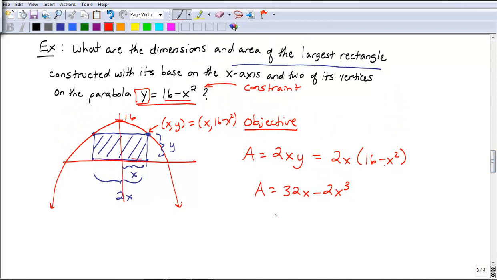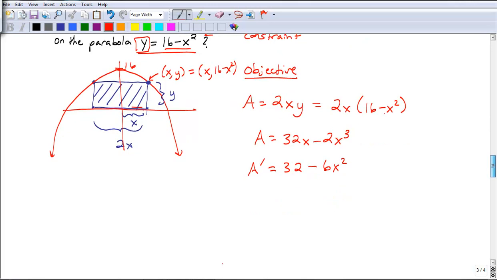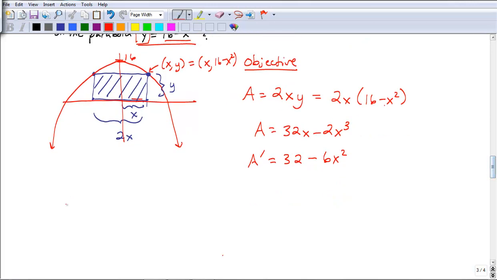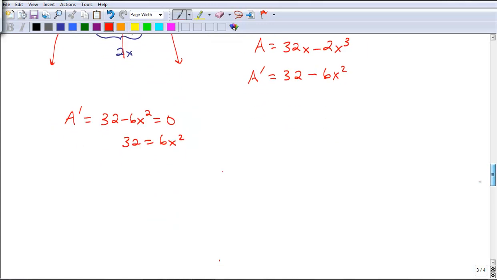Here's my objective function with a single variable, but I have to take the derivative to come up with the critical point. So it's 32 minus 6x squared. There we go, there's my derivative. And it's a polynomial, so I can set it equal to 0. I get 32 equals 6x squared. 32 over 6, which is 16 over 3, is x squared.